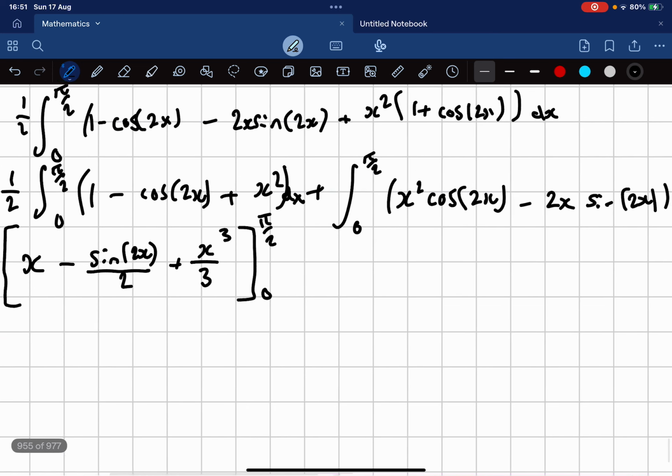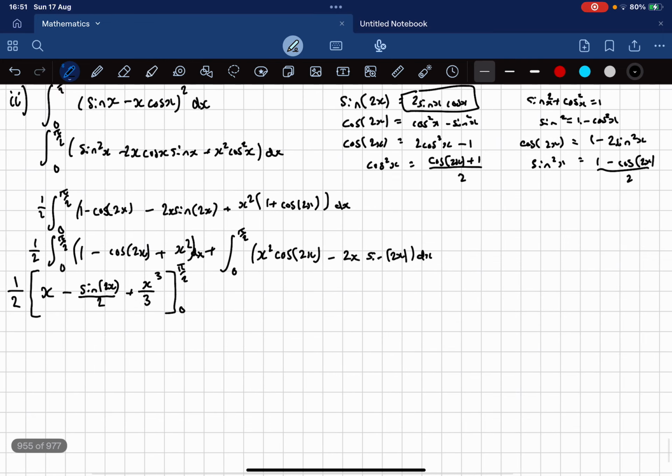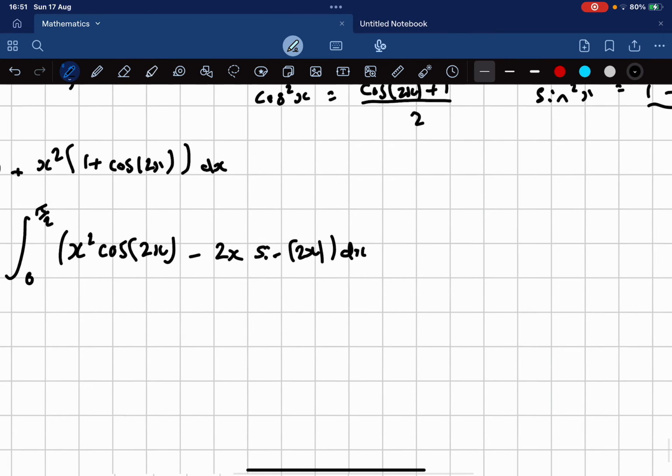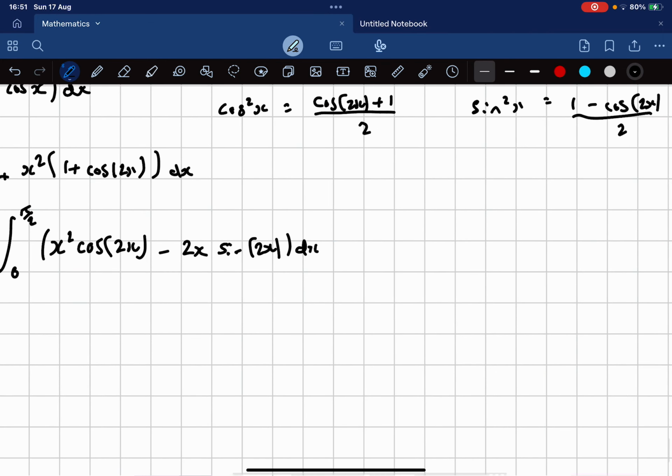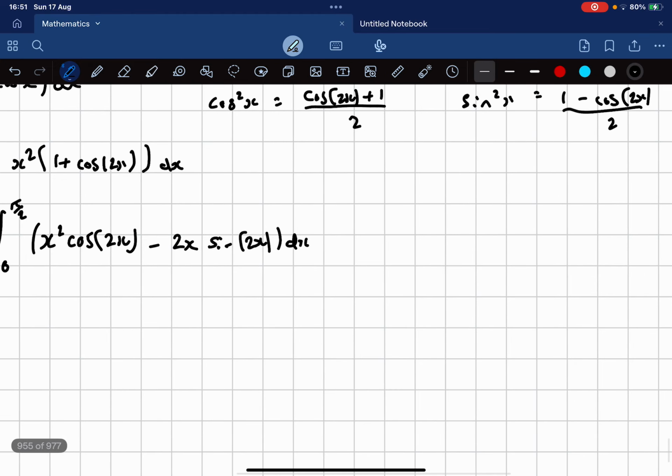Okay, so we have 2 parts here. So I'm going to write our integration by parts over here on the right. So we can make u equal to x squared and v prime equal to cos of 2x. Therefore v is going to be sine 2x over 2, and u prime is going to be equal to 2x.